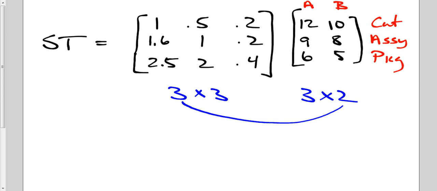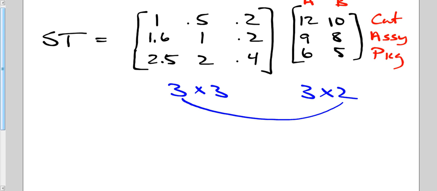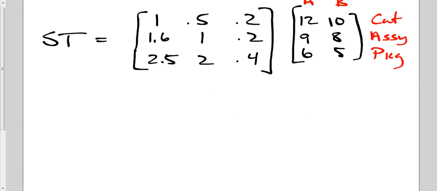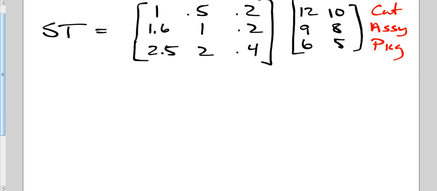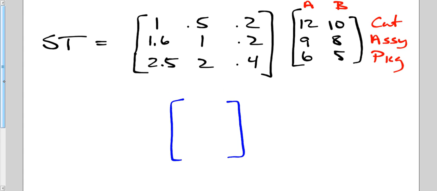Okay? So I'll get a 3 by 2. I'm going to write that in blue down here. Now, what we are going to do is just focus on column A for now.